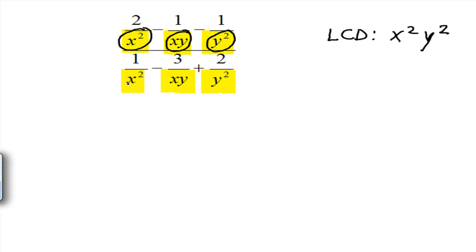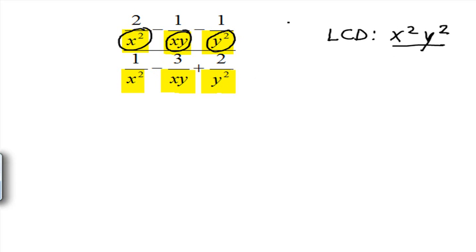When I look down here at this denominator, the second set, I've got an x squared, xy, and y squared, so I can see that my x squared, y squared is going to work for the top set and the bottom set. So I've got a common denominator for all 6 denominators in my problem.